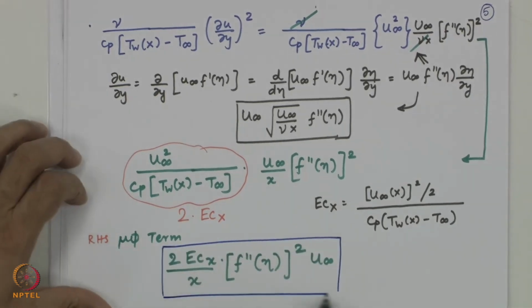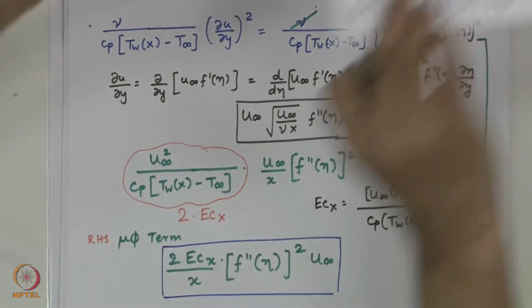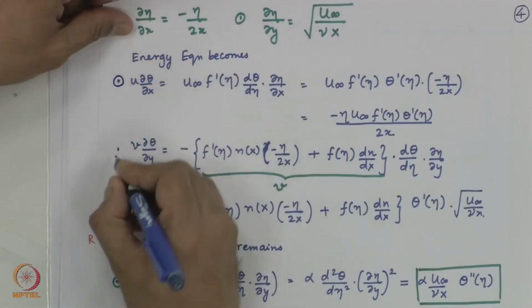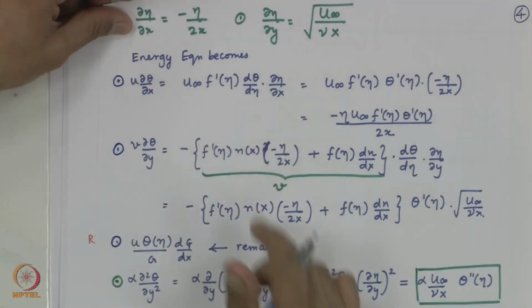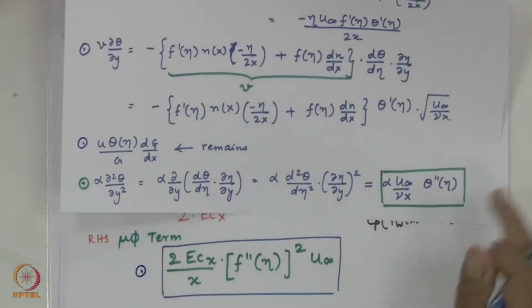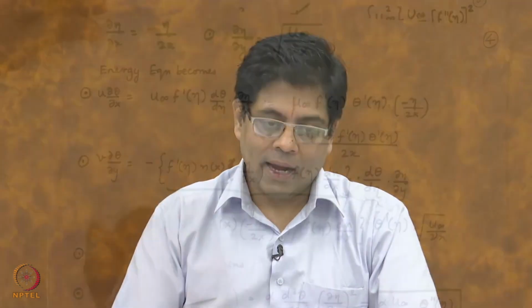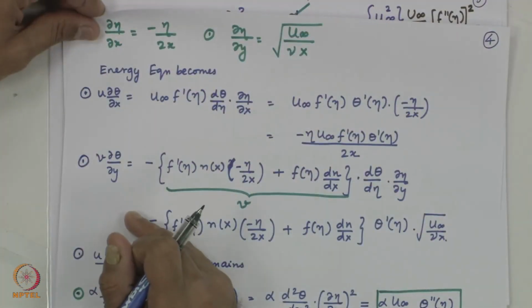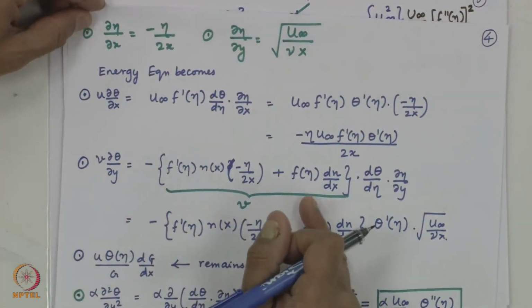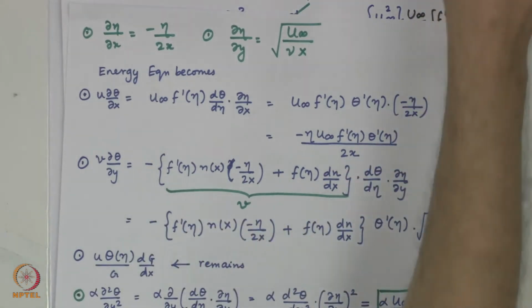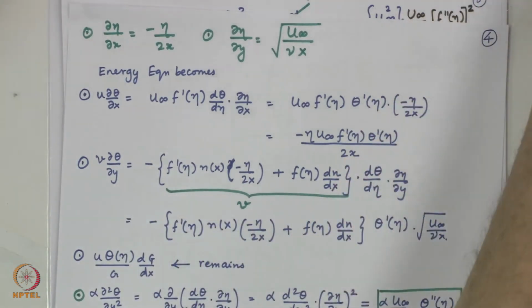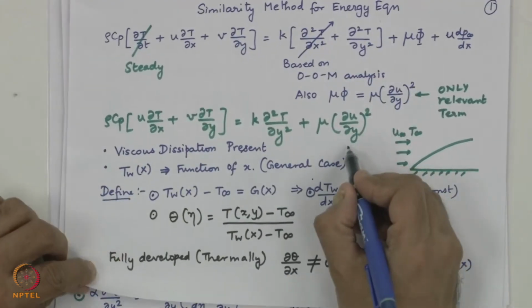Now my next job is to substitute all these 5 terms together and do some algebra in the governing equation, which was u dT/dx plus v dT/dy equal to α d²T/dy² plus this term.